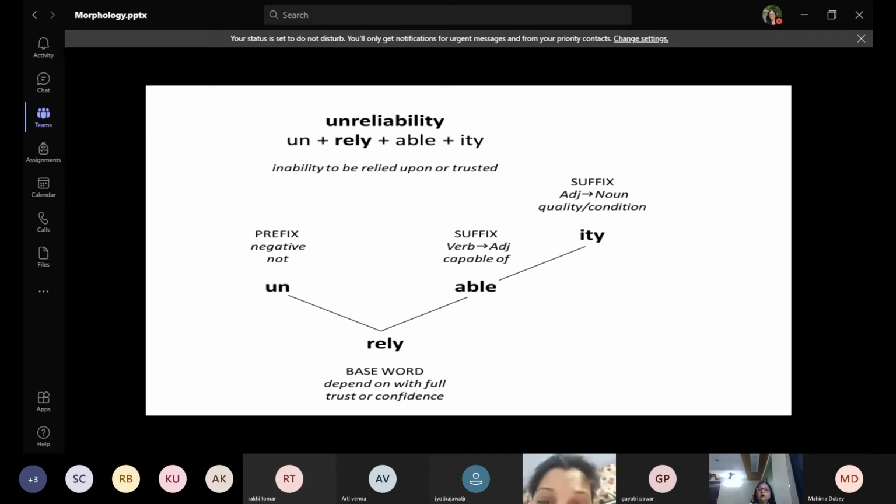Now rely is actually a verb. I can rely on you. It is a verb. कौन सा वर्ड क्लास है rely? Verb. अब इस वर्ब को आप एडजेक्टिव कैसे बना सकते हैं? एक सफिक्स आप ऐड कर देते हैं able and it becomes reliable.